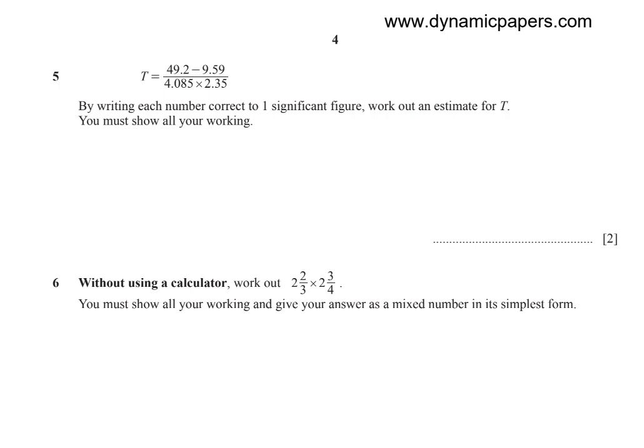Number 5, T equals 49.2 minus 9.59 over 4.085 times 2.35.